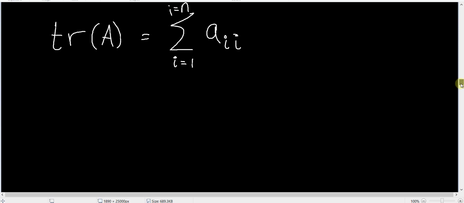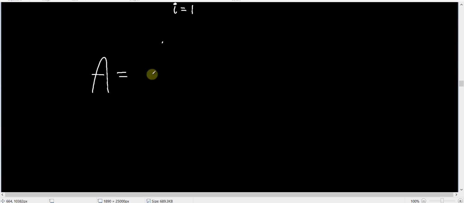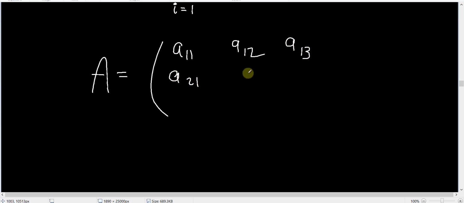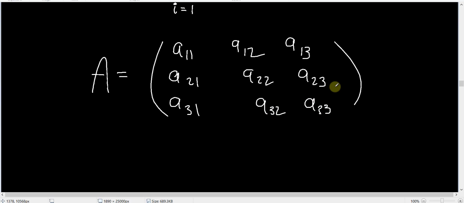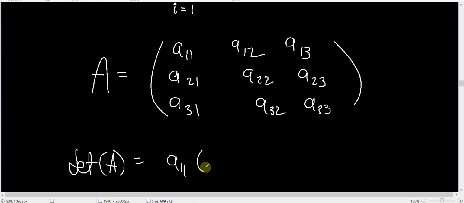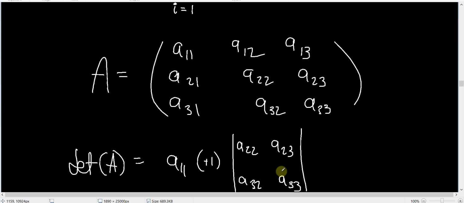Remember from the determinant section, if we have a matrix A as follows, being equal to A11, A12, A13, A21, A22, A23, A31, A32, and A33, we know that the determinant of A is equal to A11 multiplied by positive 1 multiplied by the determinant of this submatrix here, A22, A23, A32, and A33. So this is the matrix that results if we remove this column and this row, right?